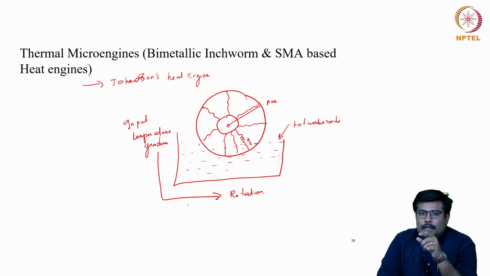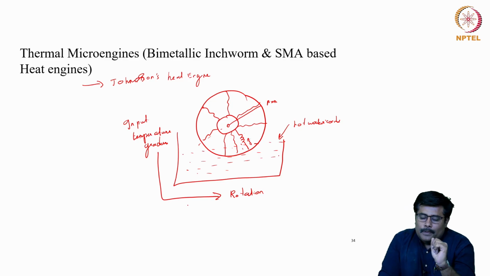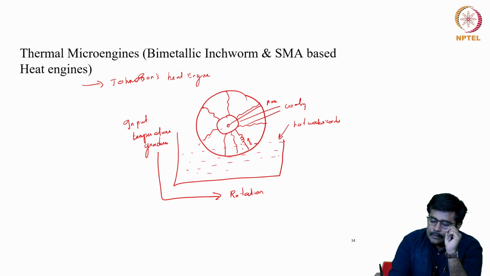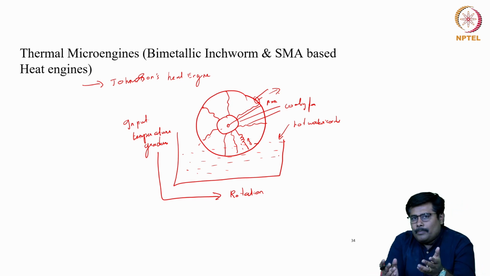So, when a temperature gradient exists, this will result in a continuous rotation in the wheel, and this continuous rotation can be used for appropriate applications. Either I can connect a cooling fan kind of arrangement, or I can fix a dynamometer over here, or sometimes I can encash this displacement for an appropriate application.